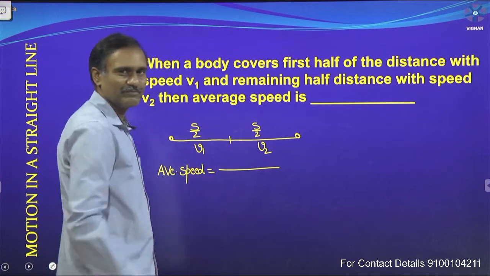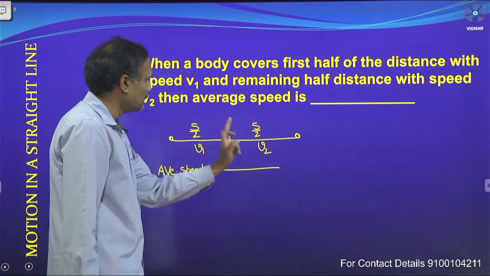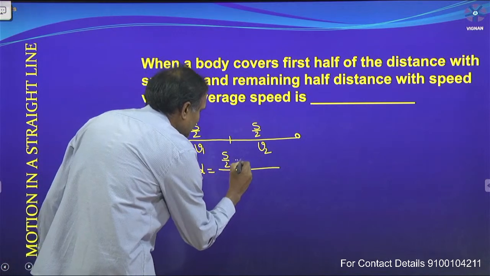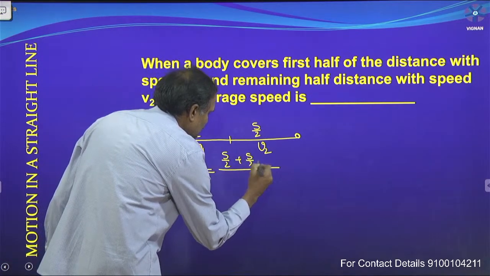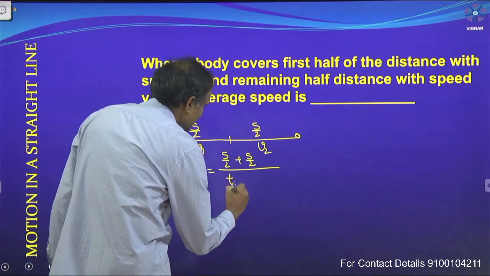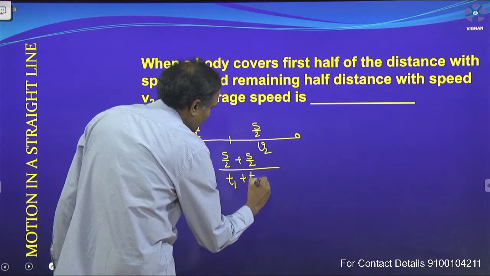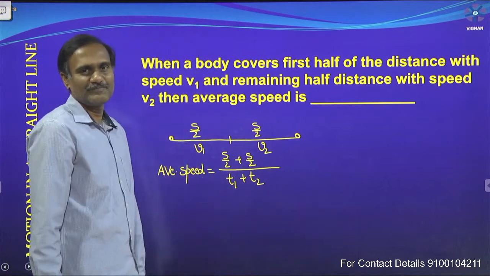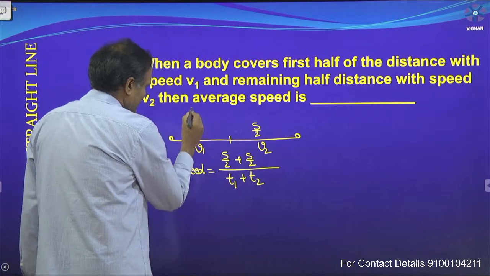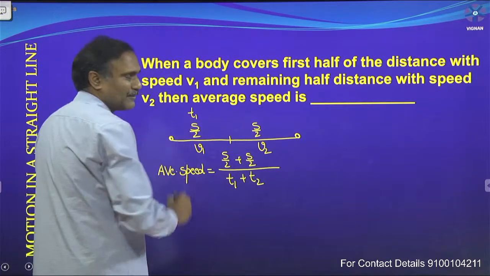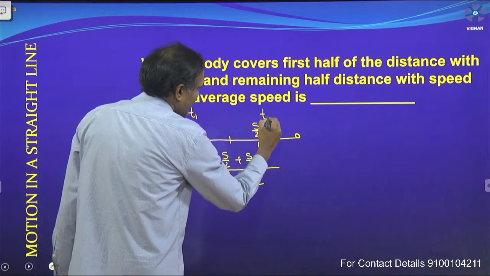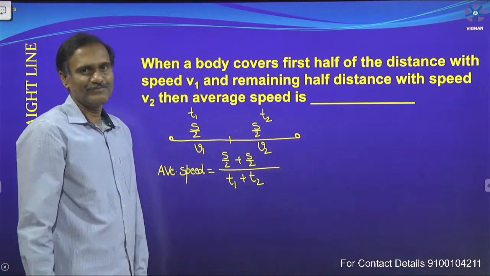Tell me. It is s by 2 plus s by 2, whole divided by the time interval. But in the problem it is not given. I am assuming for this journey the particle takes time t1, and for this journey it takes time t2.